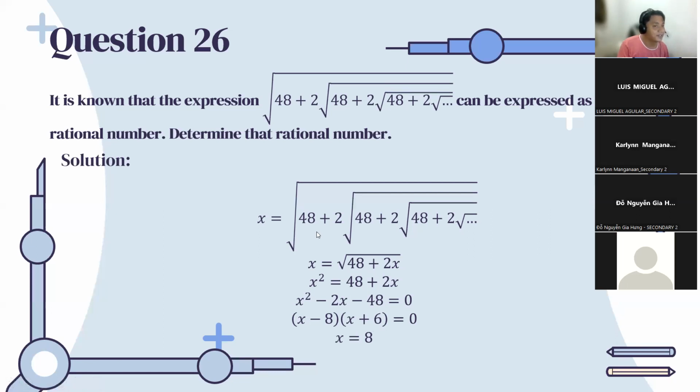Okay, so this is number 26. Okay, any questions? Any other clarifications? Okay, so that's number 26.